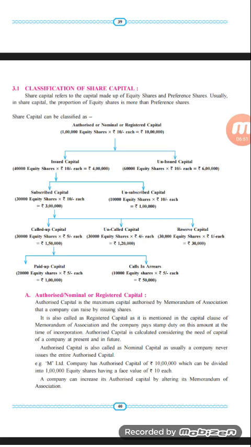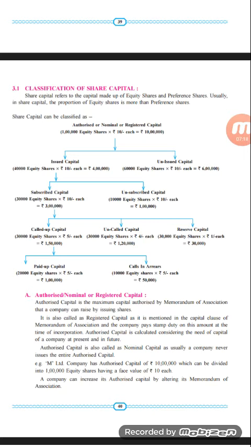So here the company has issued 40,000, but the subscription of equity shares is only 30,000. Subscription means what? The company has sold out. So the company wanted to sell 40,000 equity shares, but the investors have purchased only 30,000 equity shares, which is the subscribed capital.